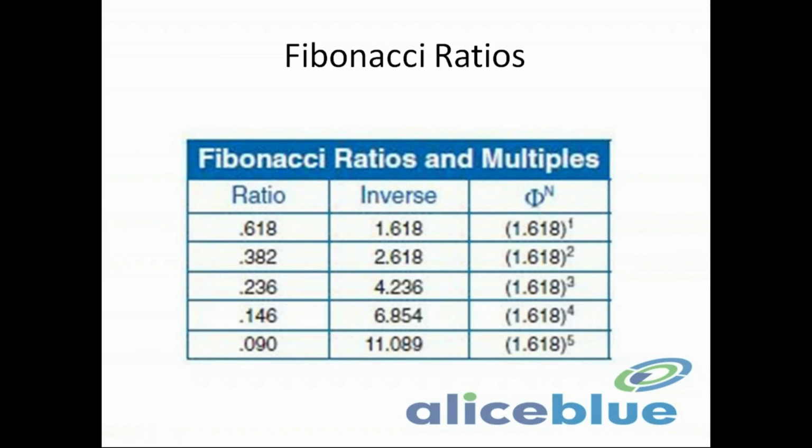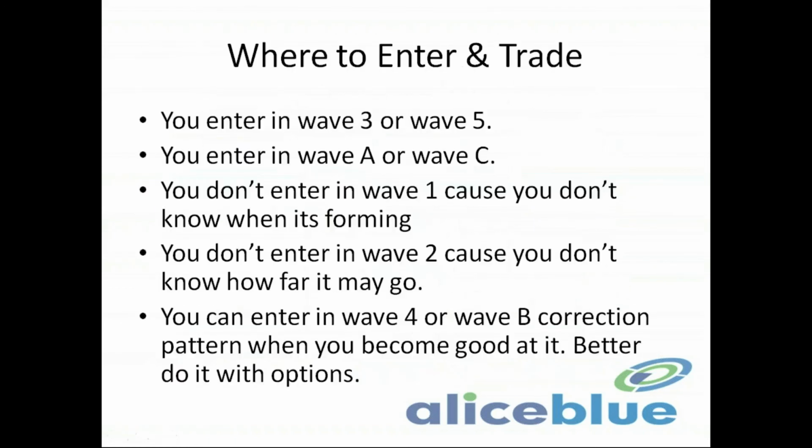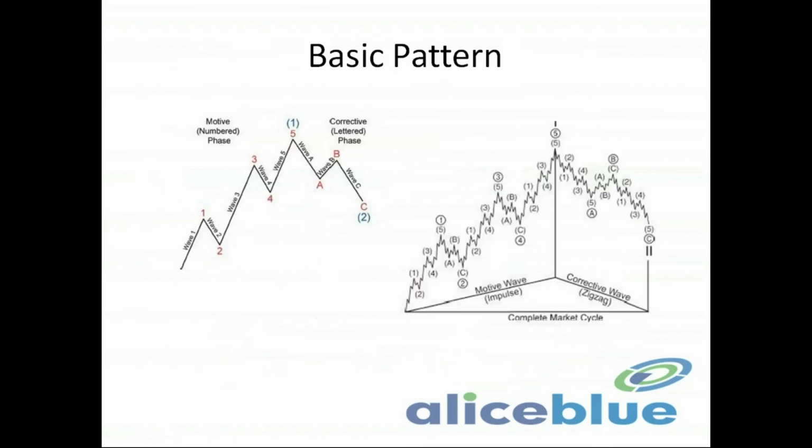Wave 5 would be either equal to wave 1 if wave 3 is extended, or if wave 3 is less than 1.618 of wave 1, then it will be a Fibonacci ratio of the combination of 0 to 3. So this wave would be 0.618 or 1 or 1.618 of wave 5.